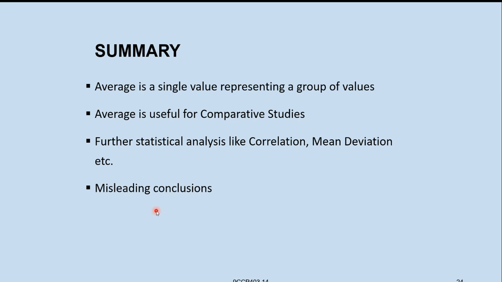Average is a single value representing a group of values. Average is always a single value which represents the group of values that we have seen. Average is useful for comparative studies, for comparing the data. The averages are very useful.